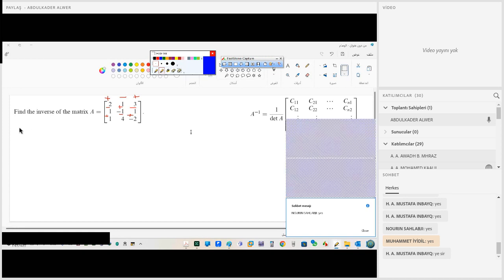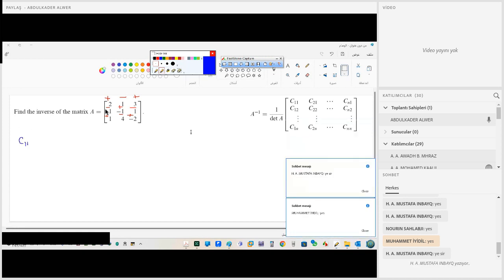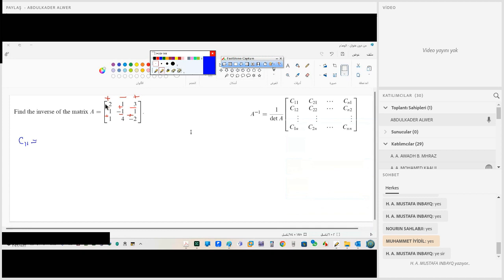Now, C11 for this is positive. Now, cancel this: minus 1, 1, 4, minus 2. Positive 2, minus 4, it is minus 2. Is it clear? Now, cancel, take this off.